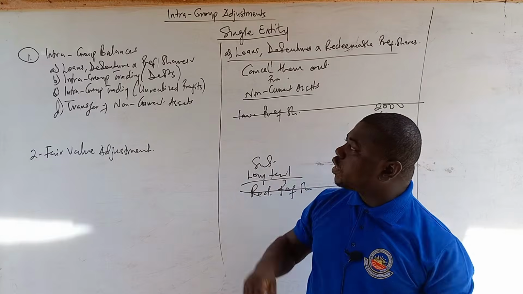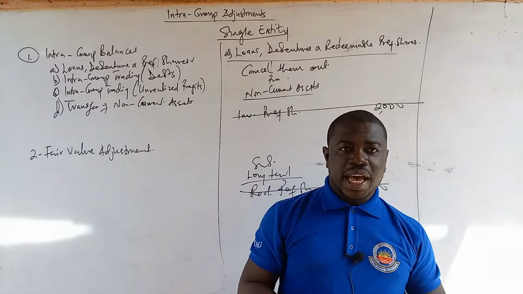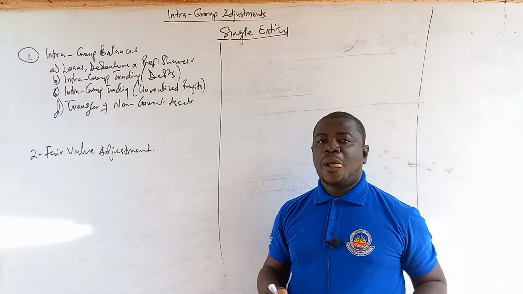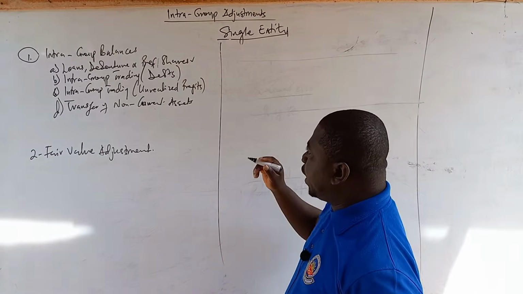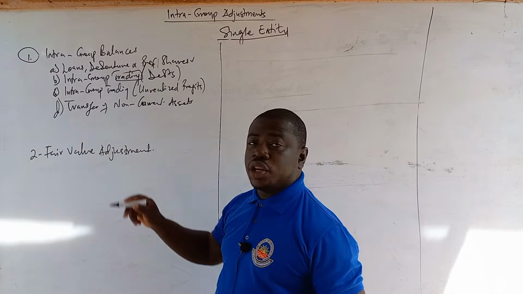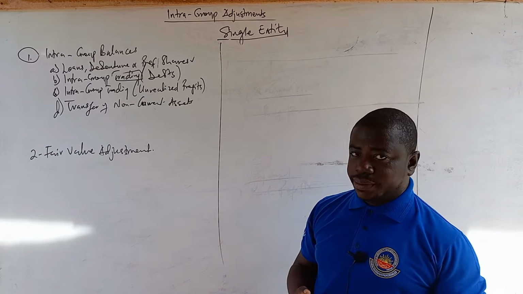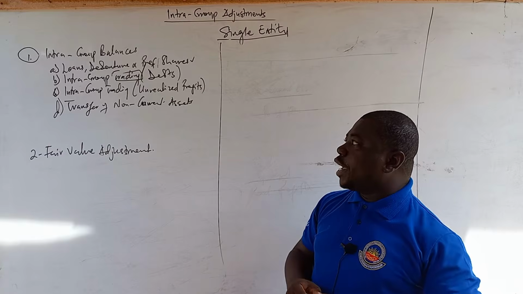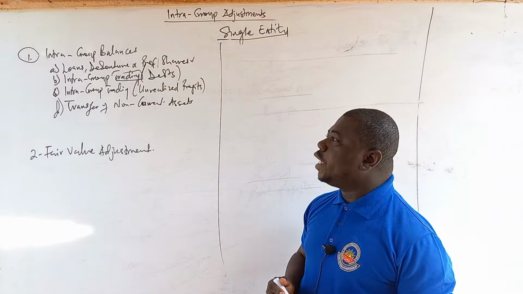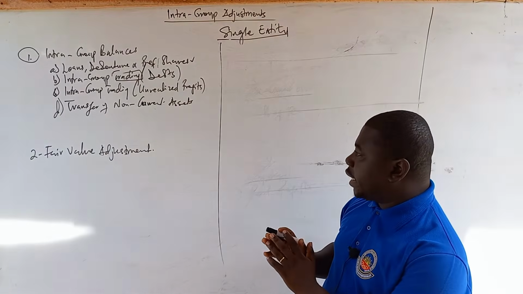Now let us talk about the next item, intra-group debt. Now, I made it intra-group trading because I presume that trading leads to debt most of the time. But there are times where it may not necessarily be trading. It could be debt in general, okay? So I'm just going to focus on the debt component.